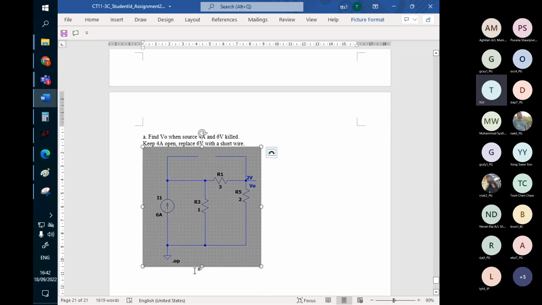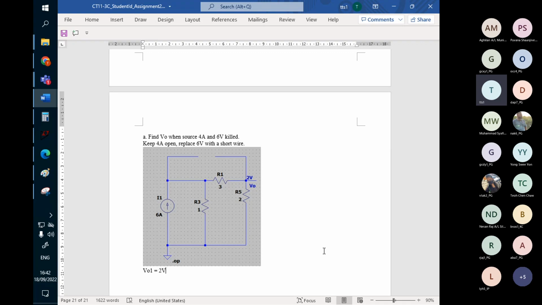Okay, so it's really clear that V out is 2 volt only. But don't worry, we just call this one V out 1. V out 1 is equal to 2 volt.